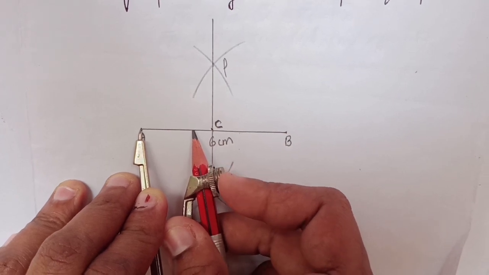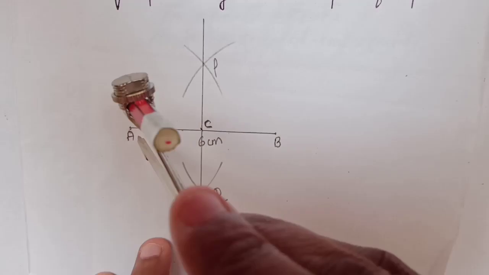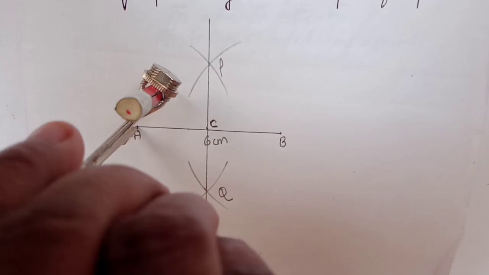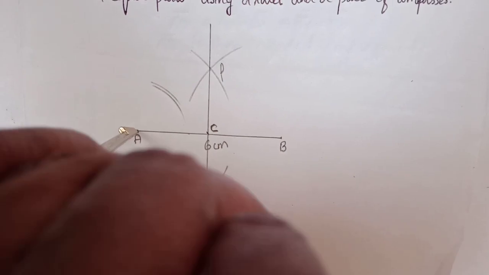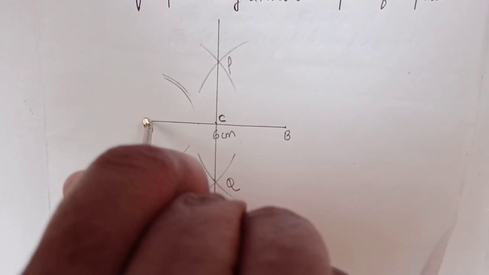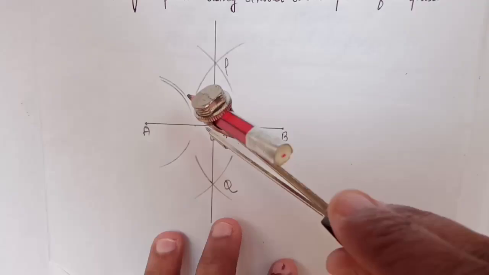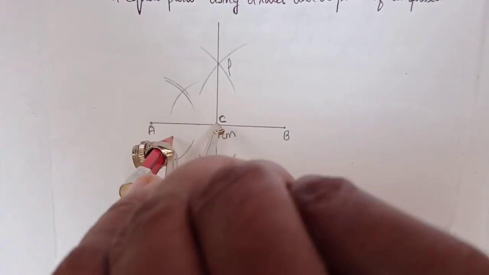By using your compass with A as center, draw arcs above and below of line segment AC. Then again, with the same radius and C as center, draw two arcs which intersect the previous arcs.